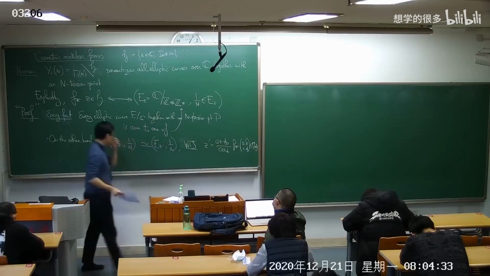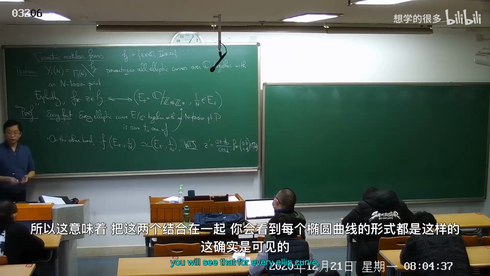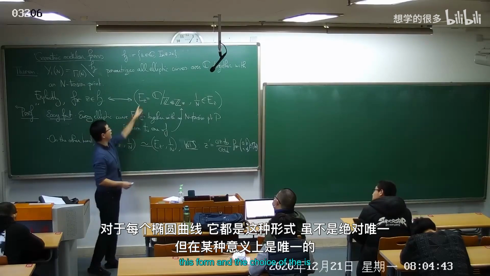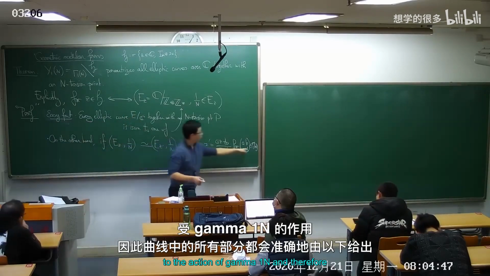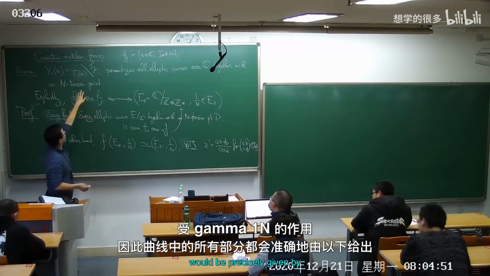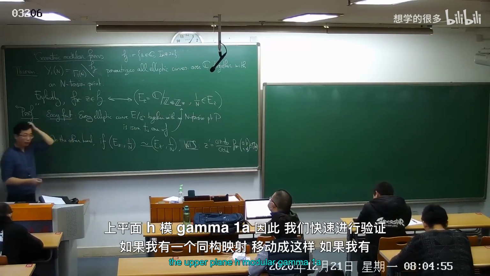Combining these two, for every elliptic curve it's of this form, and the choice of z is not quite unique, but it's unique up to the action of gamma 1n. Therefore all such elliptic curves are precisely given by the upper half plane H modulo gamma 1n.